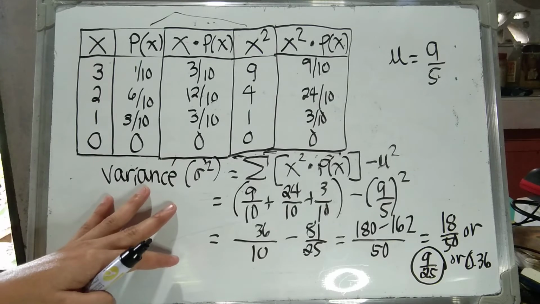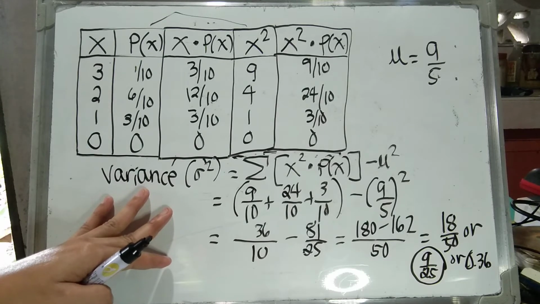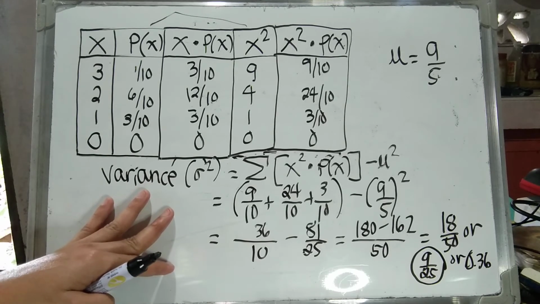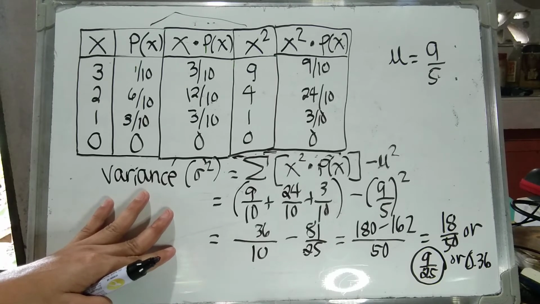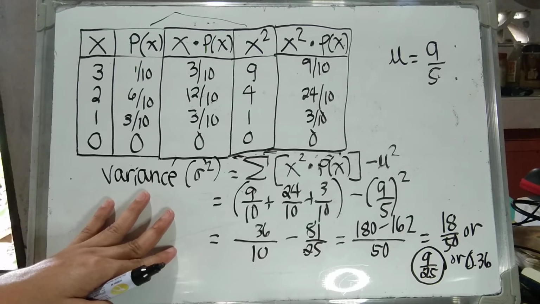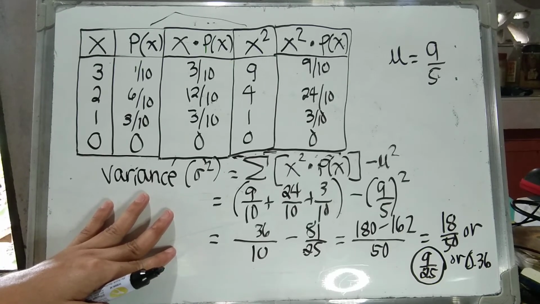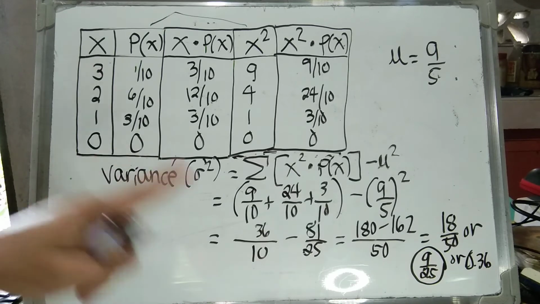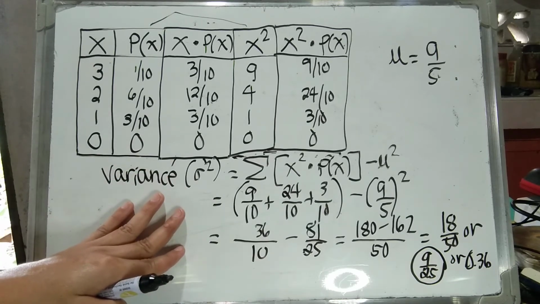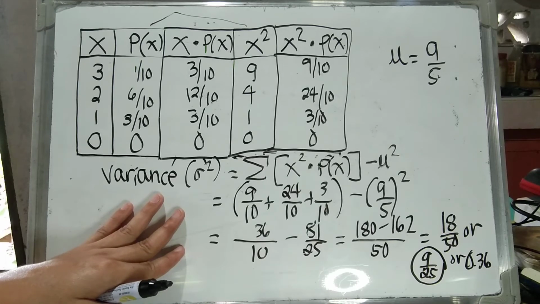When you say variance, this is how spread the scores are from the mean. If in a class you did your examination and we add all the scores of the students divided by the total number of students, that is our mean. For the variance, it's how spread the scores are from the mean.